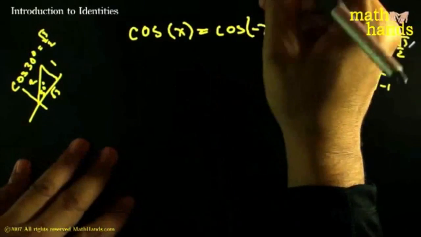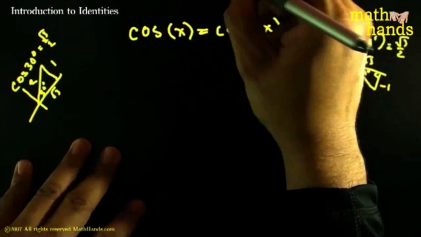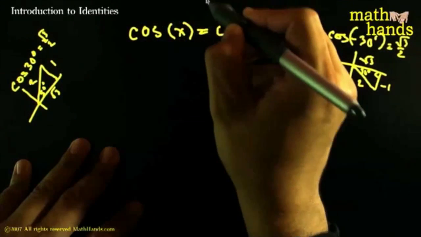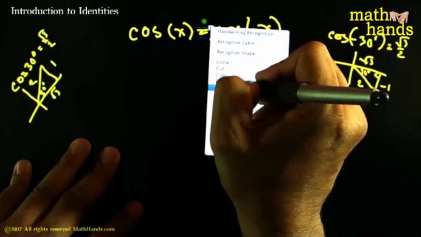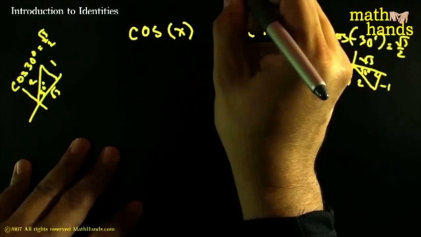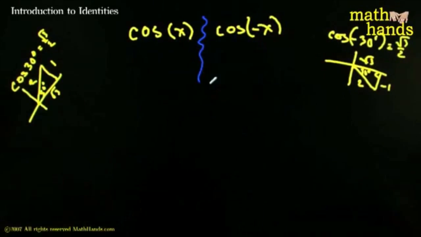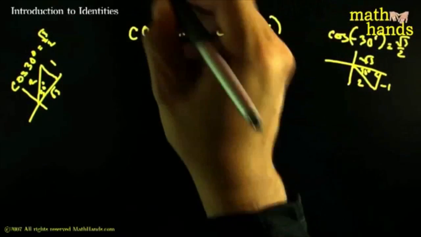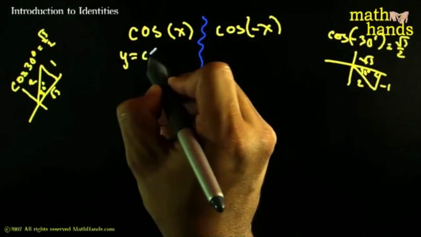Let's ungroup this so that we can abandon the assumption here that they're equal. Abandon it and say, whoa, I don't know that they're equal. I'm trying to see if they're equal. So you say to yourself, I know, maybe I can graph this. Graph y is equal to cosine x.